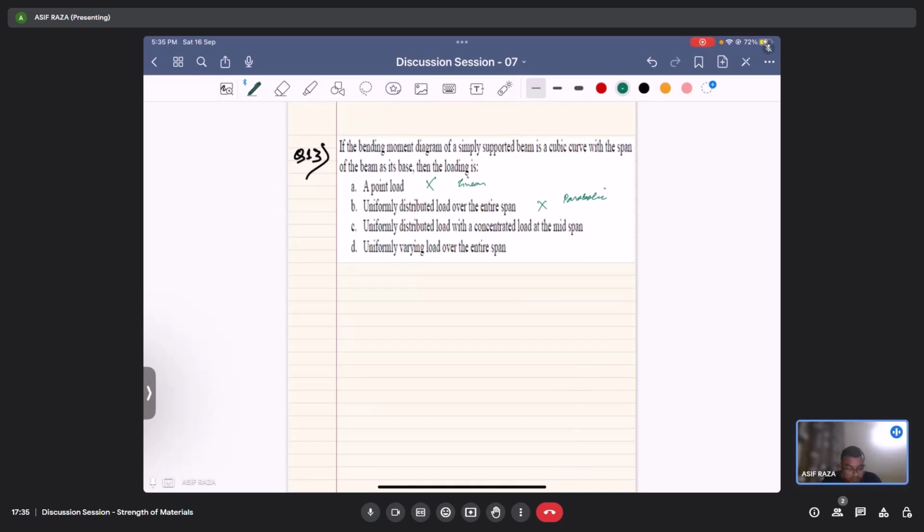So this would be kind of a parabolic, and there would be a sudden shift, like it would be a mix of parabolic and cubic. So kind of it would be quadratic only.